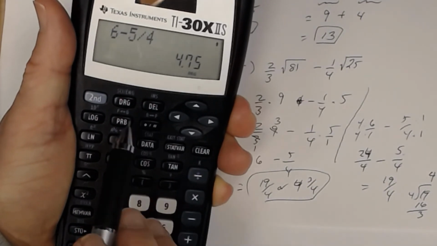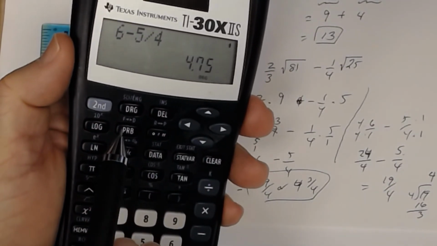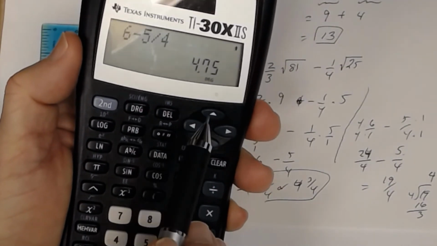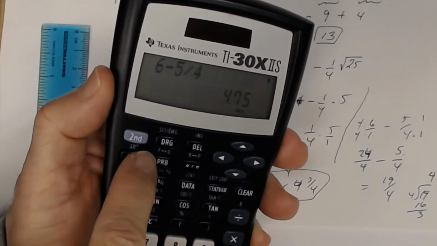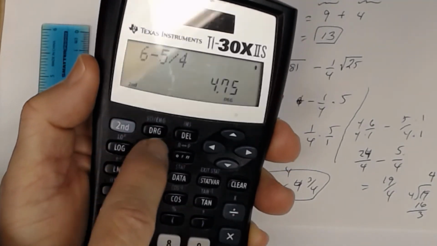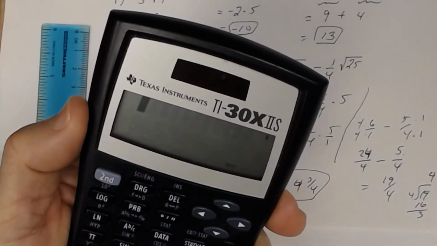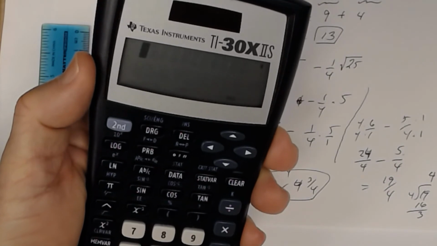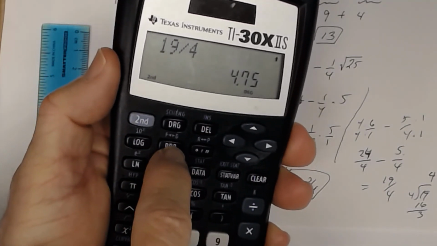Okay. Now, some of you may want to go a little bit further. You may want to say, well, I want to use my calculator to convert that to a mixed number. So let's go ahead and do that. You're going to press second and this button here. Oops, sorry, wrong button. So we had 19 divided by 4. You can press second, this button here.